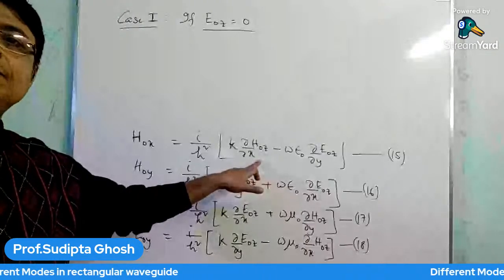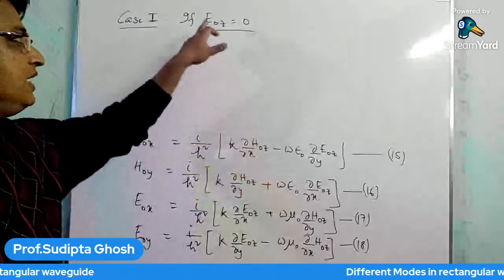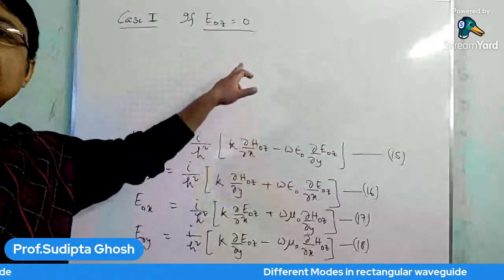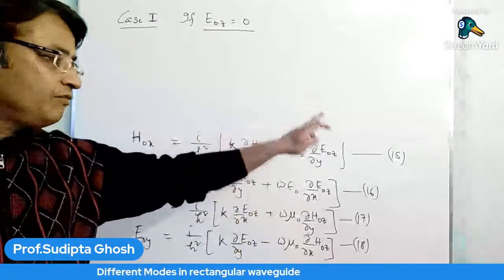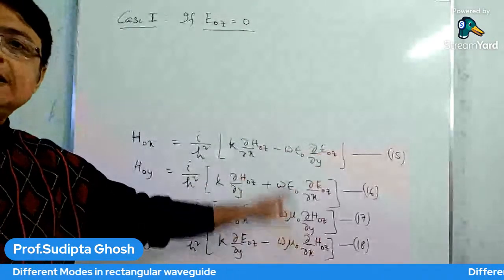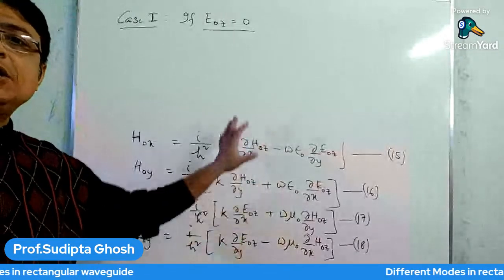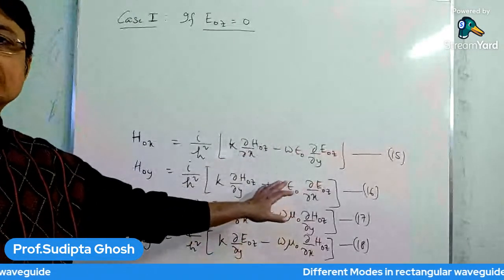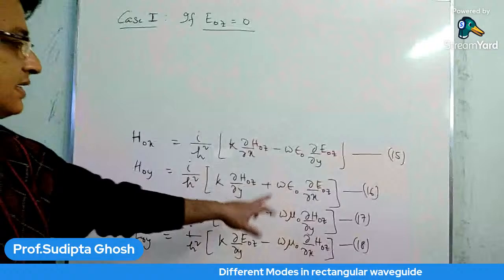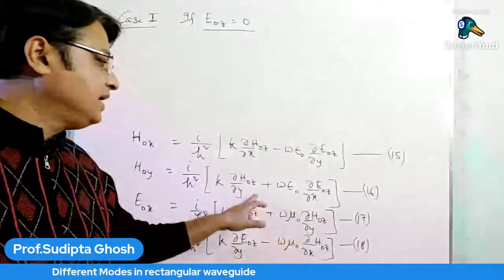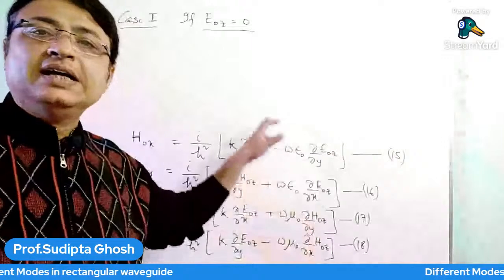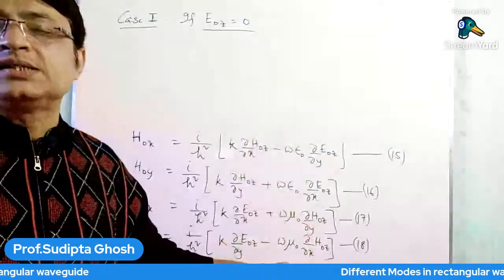I am again repeating this: if EOZ equals 0, then in equations 15 to 18, on the right hand side we have only the term HOZ present in each of these four equations.